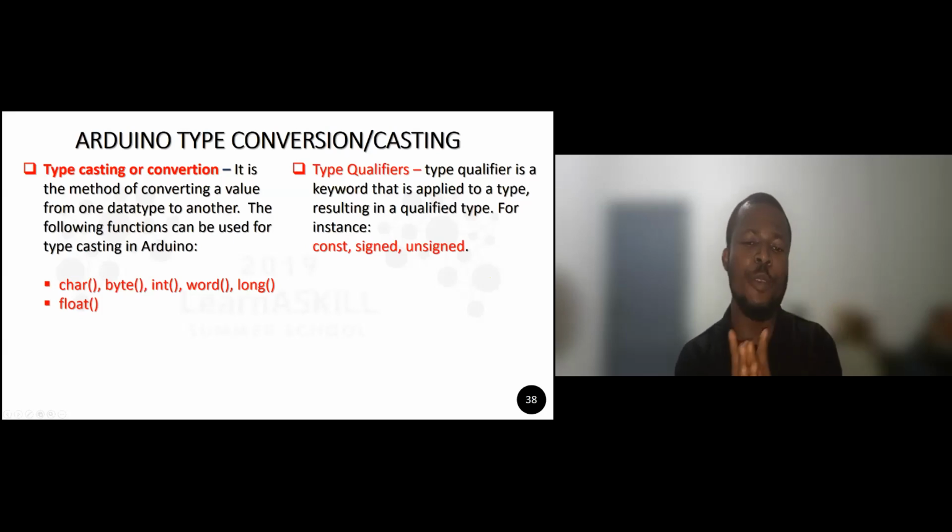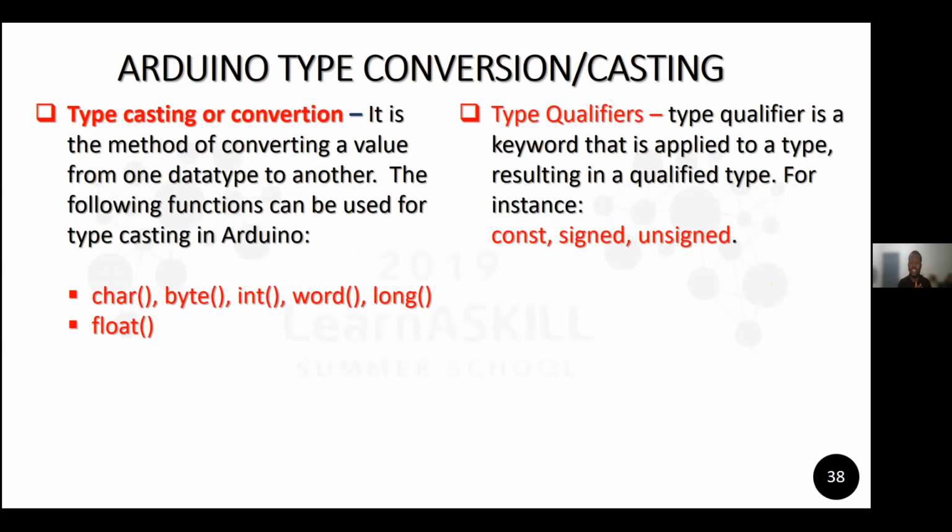Now, another beautiful thing happens. The maximum value that a short or an integer can take is 32,758, if I am right. That means that if I try to set 35,000 to an integer variable, an error is going to happen.